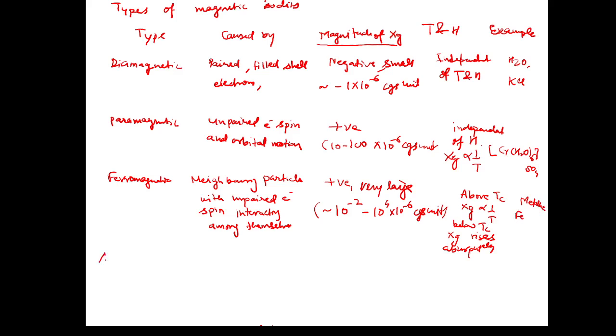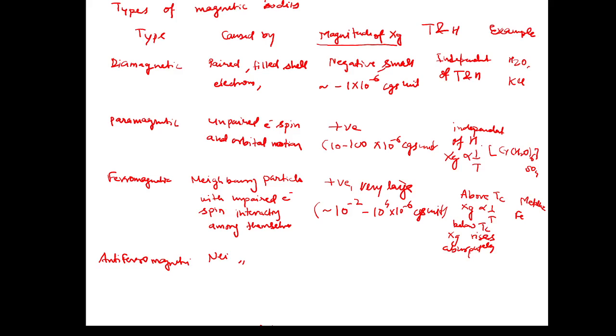The last one is antiferromagnetic. So here also, same thing, neighboring particles with unpaired electrons interacting among themselves. But what happens?